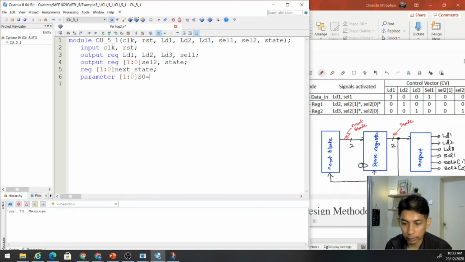As 0 we can use 2-bit, as 1, and the last one as 2, right? That's it.